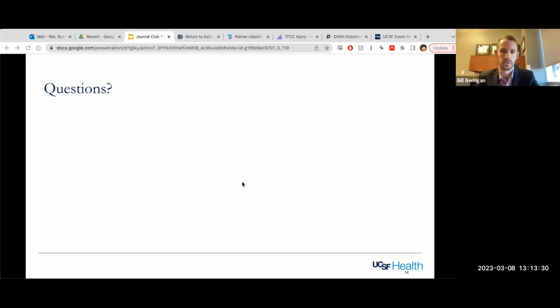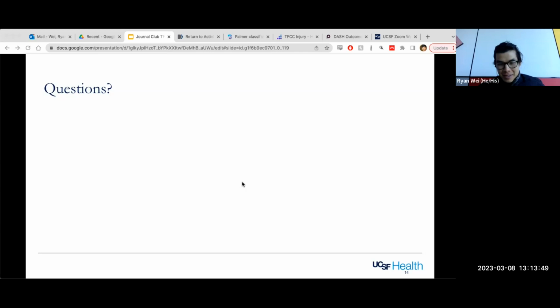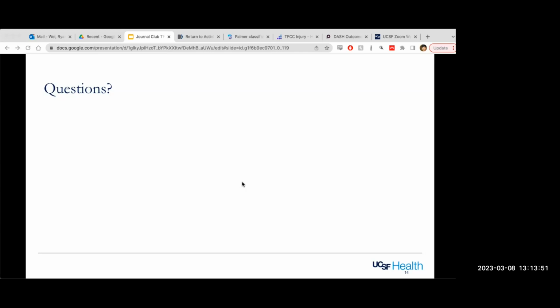Yeah. Well, I think one of the key variables is the fact that he's mid-season, right? I know you're talking about what the studies have shown, Ryan, but the key here is activity level, and he's a lacrosse athlete.